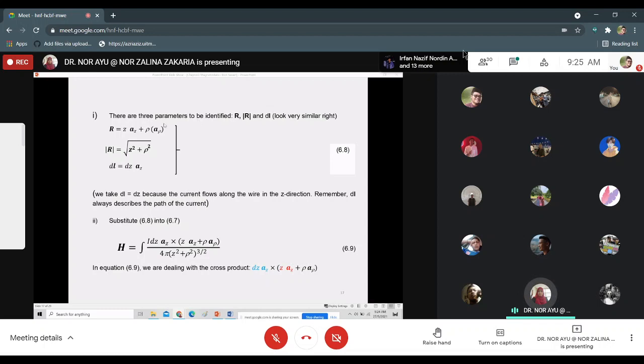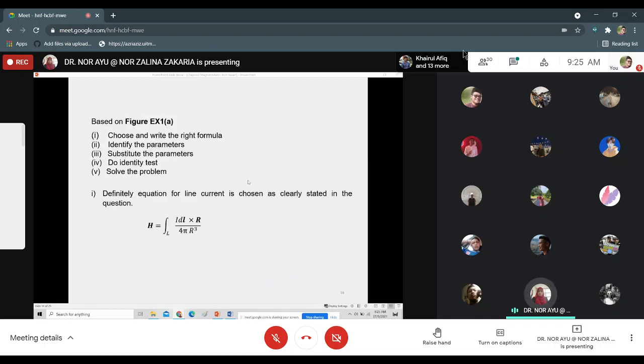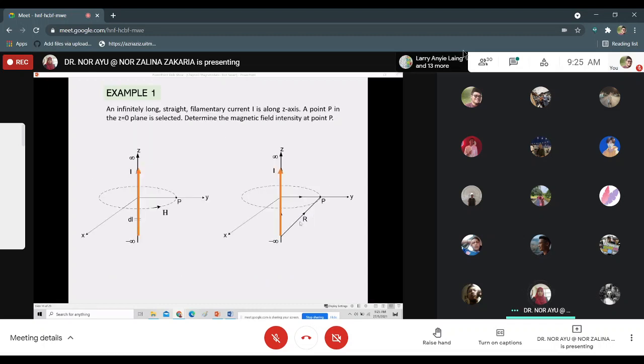Okay, so the next one is we need to determine what is R, magnitude R, and also what is DL. So if we look back into this, what is R? So again, how to draw R is we look again at the distribution. So for this is the current. So current starts from negative infinity to infinity.